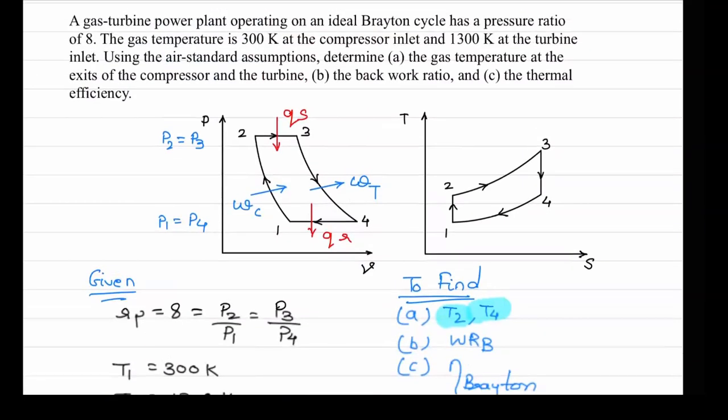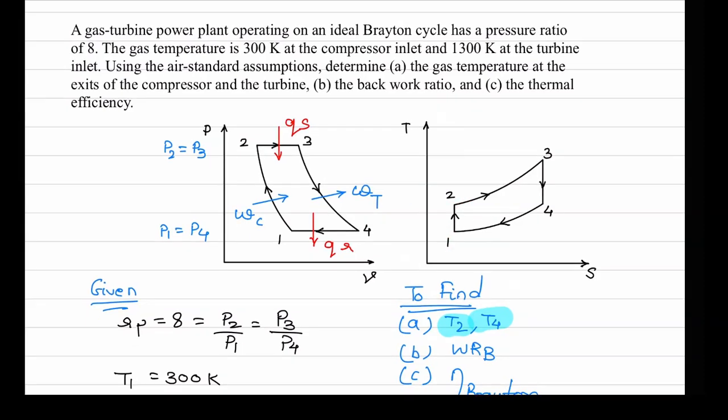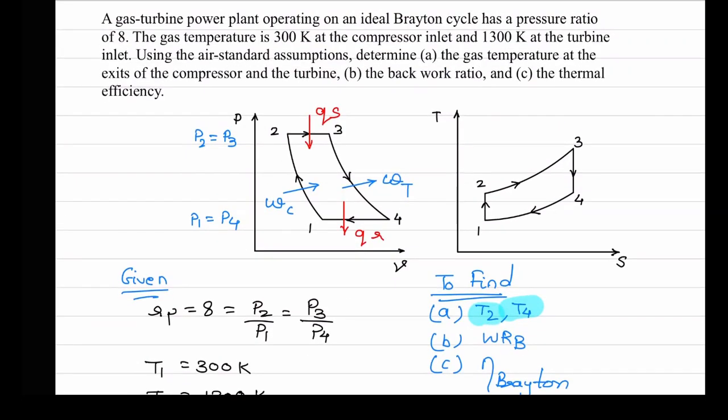Higher temperature is T2, lower temperature is T1. So I can write down T2 minus T1. And turbine work will again be Cp, higher temperature, which you can see on the TS diagram, T3 minus T4.